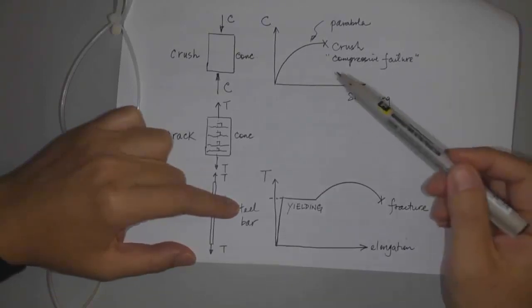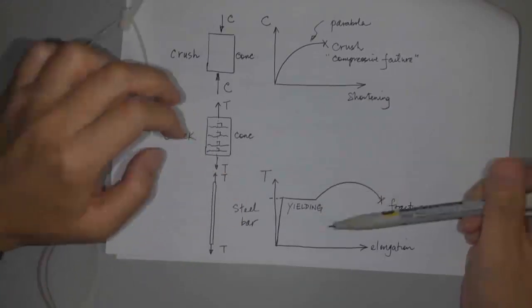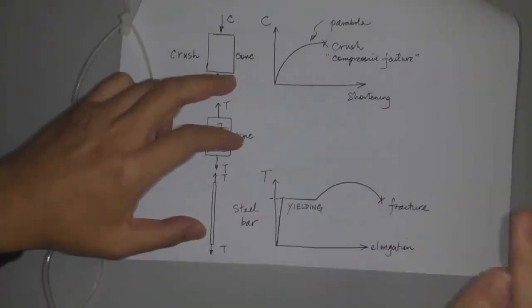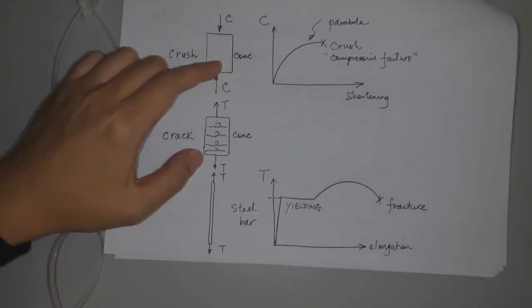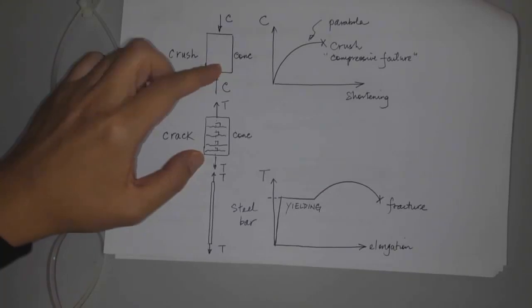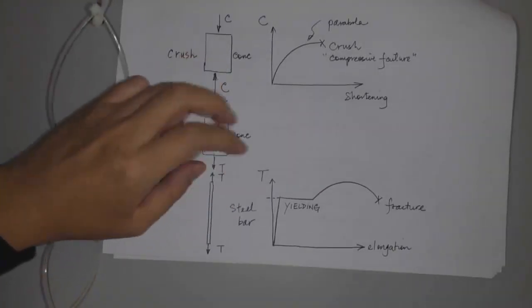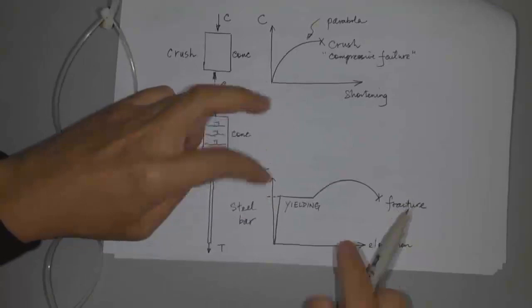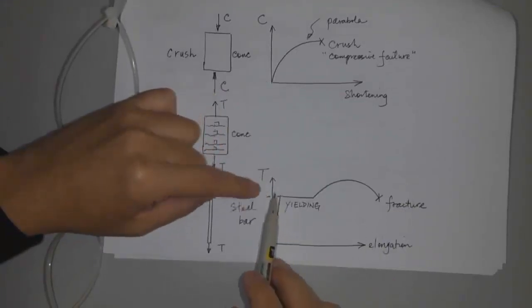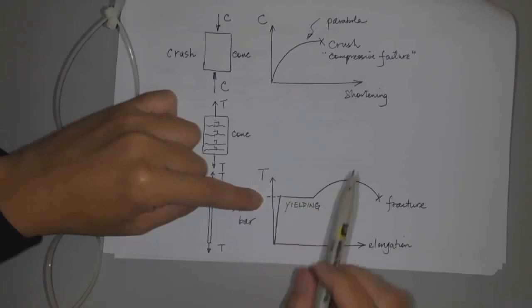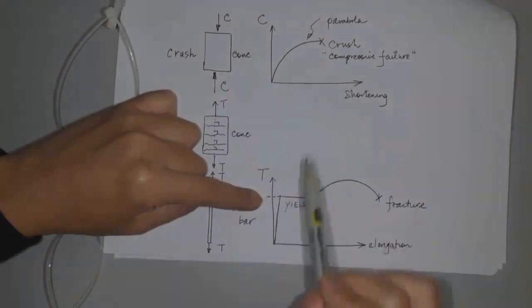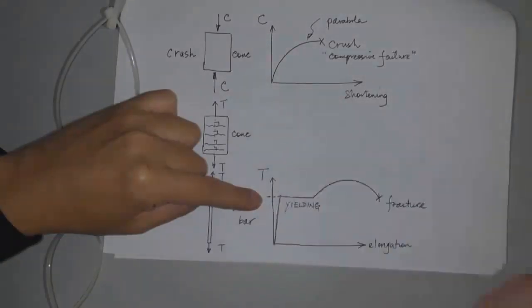The most important, if somebody asks you what's the major difference between concrete and steel, first, concrete is weak in tension. That's probably the most important number one difference. The second, number two difference between concrete and steel is, if you just look at these two graphs, in steel, there is a very long yielding region, this horizontal part. In concrete, you will never see this thing.